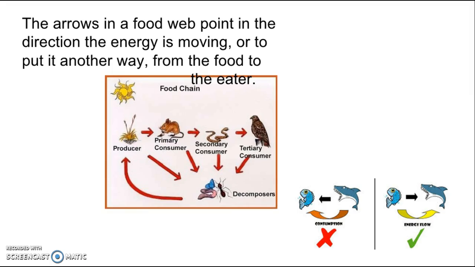It's where the energy goes. The arrows are showing the flow of the energy. So you should be able to look at a food web or a food chain and be able to tell what those arrows are and what's being transferred to what.